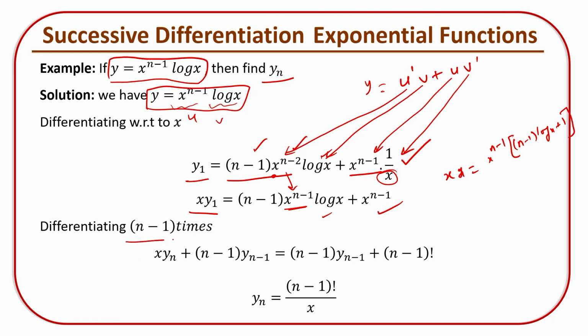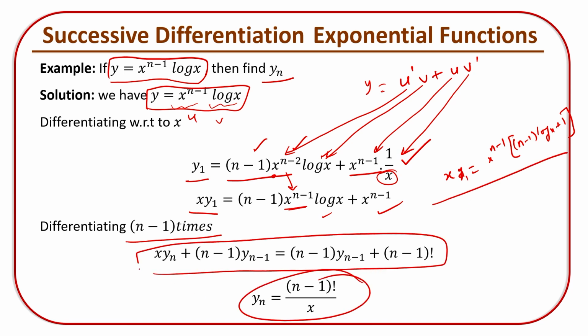Now differentiating this n minus 1 times, you will get y of n in the form of a complex mathematical formula, but y of n is just coming out like n minus 1 factorial by x. So the function y equal to x power n minus 1 log x seems like a complex one, but its nth derivative is very simple, just containing n minus 1 factorial by x.